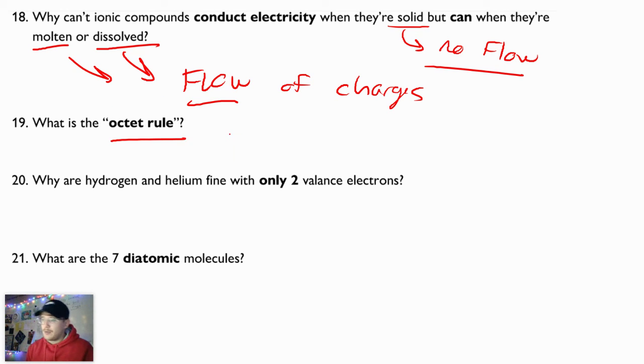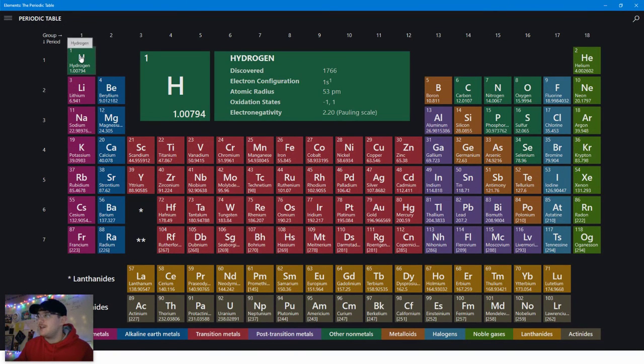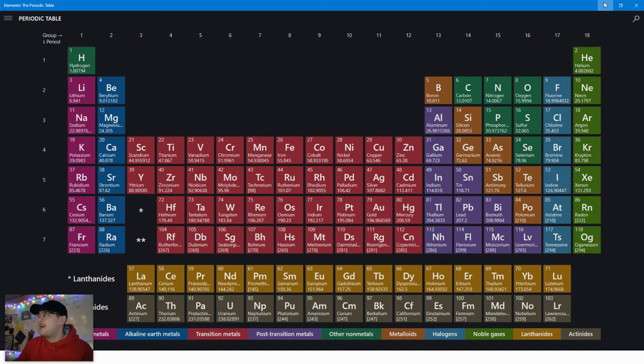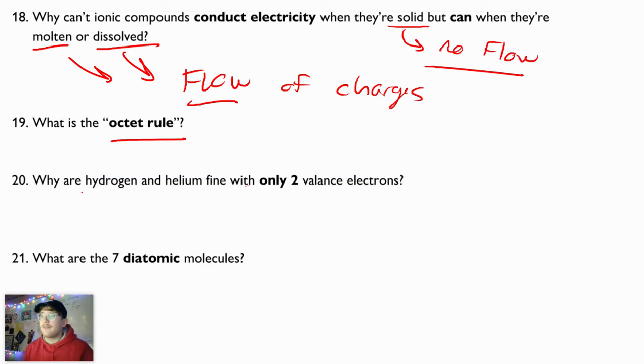All right, what is the octet rule? You know that. Why are hydrogen and helium fine with only 2 valence electrons? So hydrogen and helium are the 2 smallest elements on the periodic table by mass. You got hydrogen here and helium here. Hydrogen normally only has 1 electron at all. Helium usually only has 2 electrons at all.